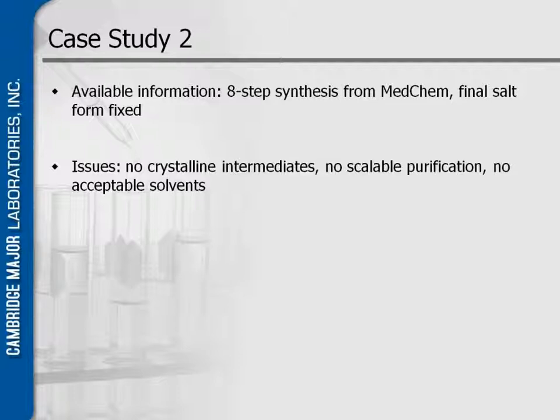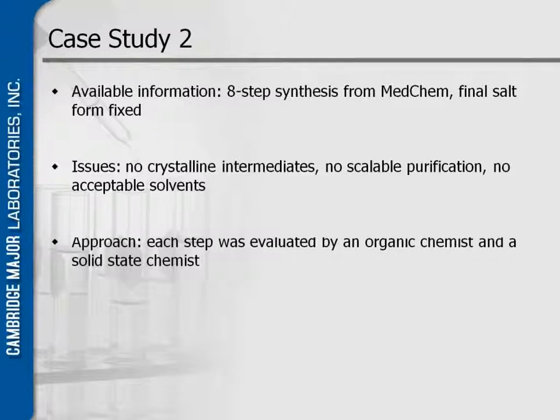This means that the whole process took a very long time, and still the purification, well, you don't want to have a column in it, but it was needed in this case. So the approach was that for each of the 8 steps, we had a look, first synthesis, second solid state, and have a combined opinion on how to approach this step, how to optimize this step.